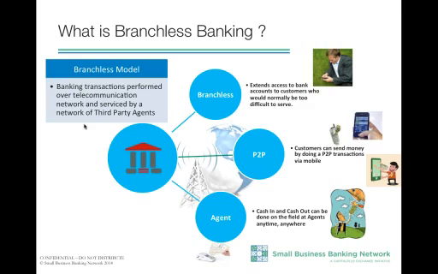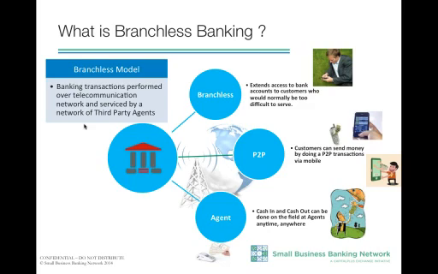So they play a major role in this whole ecosystem, as we put it. And they are going to be the face of your organization out there in the areas where your bank doesn't have branches. So this is, in a nutshell, explaining what branchless banking means.